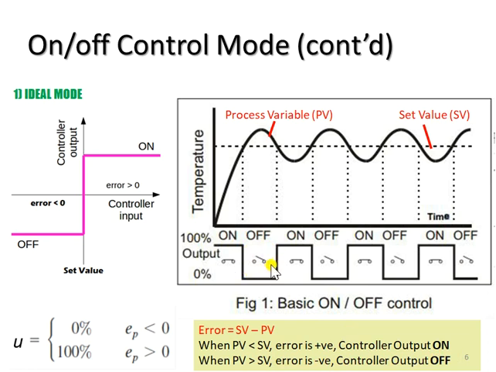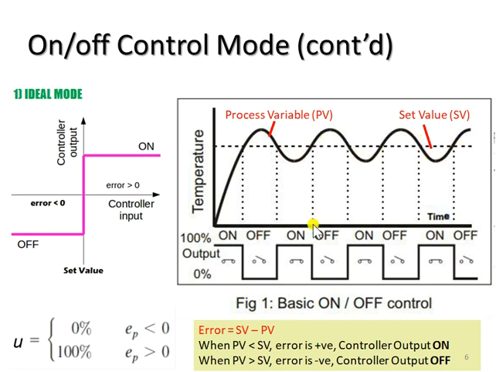When the controller output is off, what will happen? The PV will return to the original state, or it will be reduced until it reaches the set value, and then go further down below the set value, and the cycle repeats.